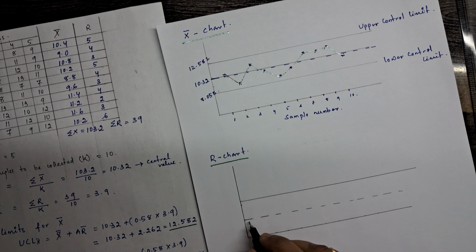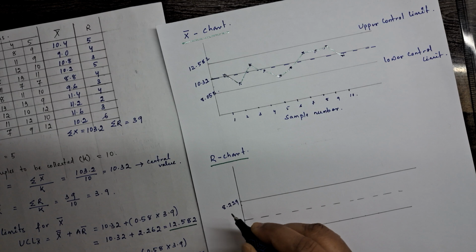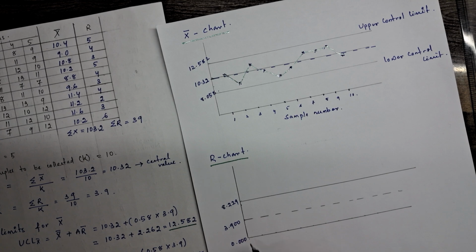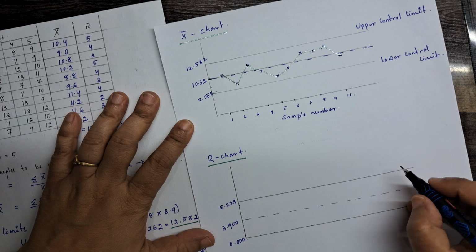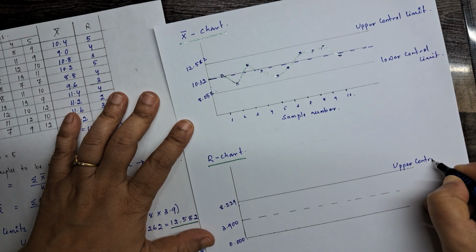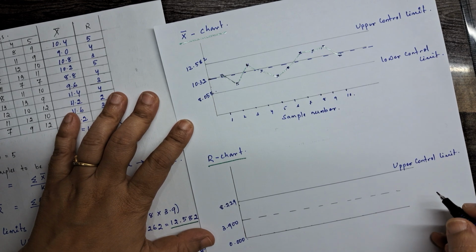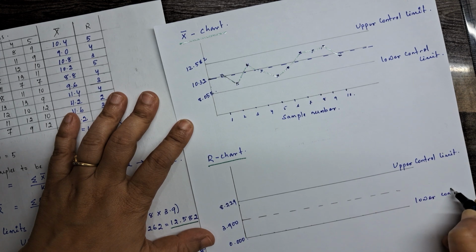So this value is 8.229. This is 3.900. This one is 0.000. So this is our upper control limit. This is the lower control limit.